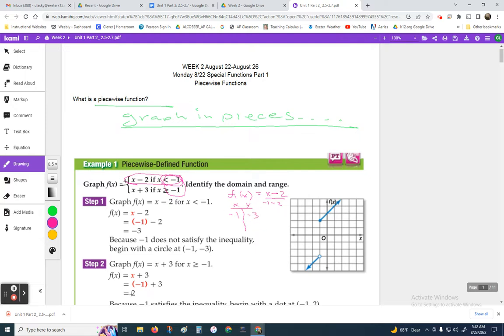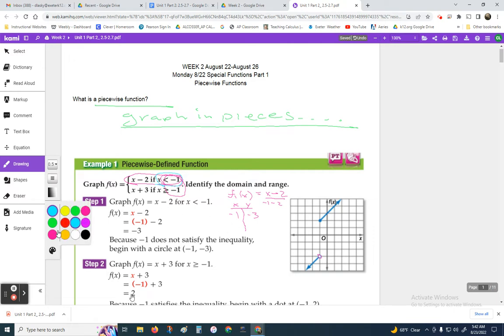So for this equation, I go over to -1 and down to -3, and I put my open circle. My open circle is because it's less than -1. This little piece right here, in blue, tells me that my boundary is -1 and I can take everything to the left.